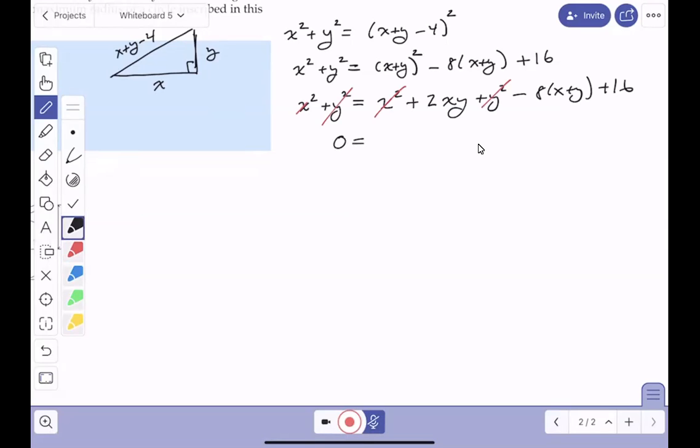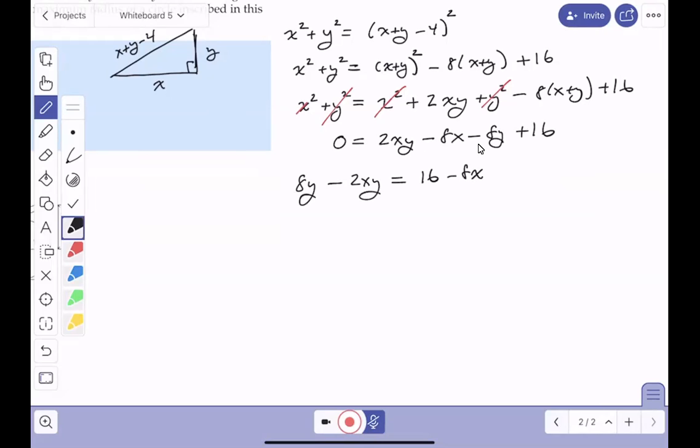So this is 0 equals 2xy minus 8x minus 8y plus 16. I get the y's on one side, the x on another. So it's going to be 8y minus 2xy equals, let's see if I did that right, 16 minus 8x.